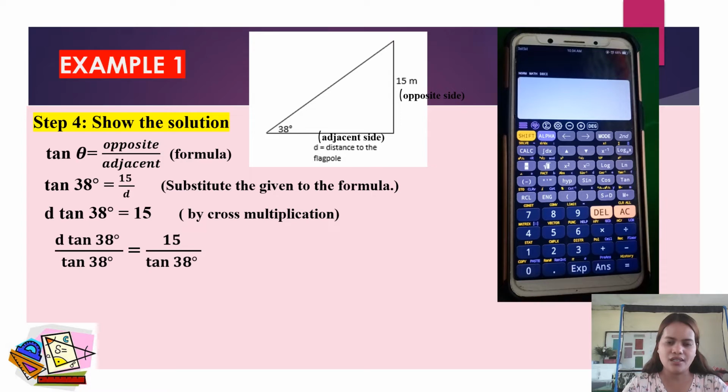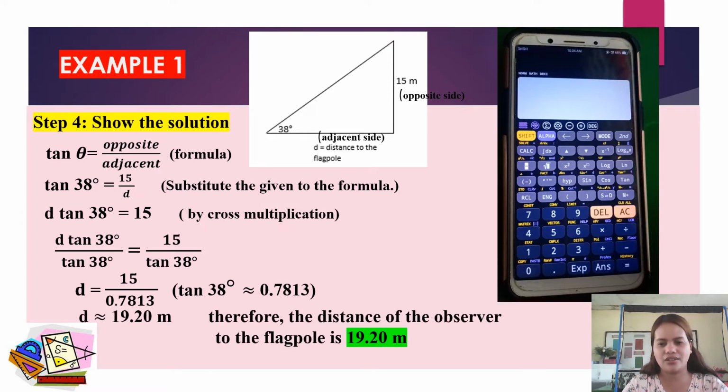Then, you're going to divide both sides by tangent 38 degrees, so you can solve for D. So you have D equals 15 over the estimated value of tangent 38 degrees, that is 0.7813 with the use of a calculator. So D is approximately 19.20 meters.